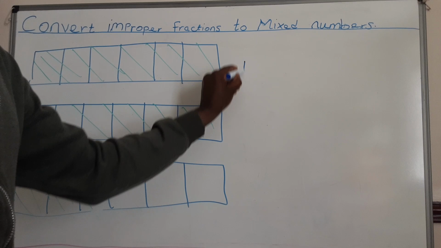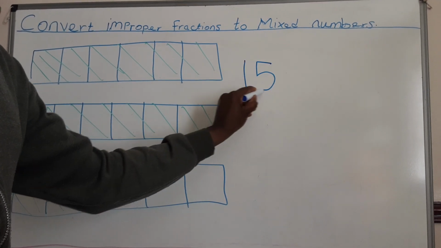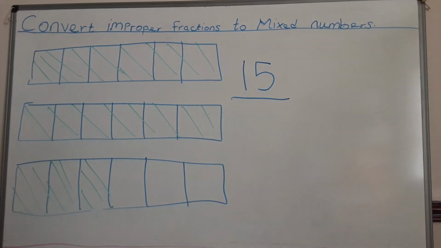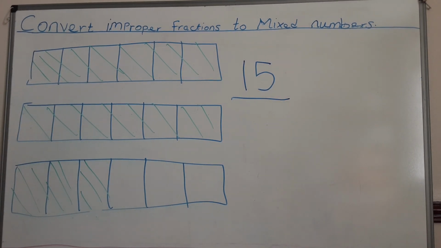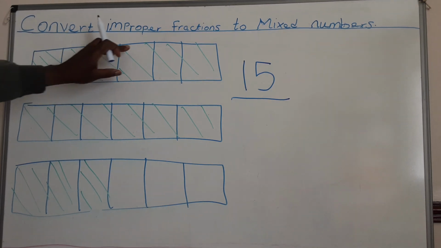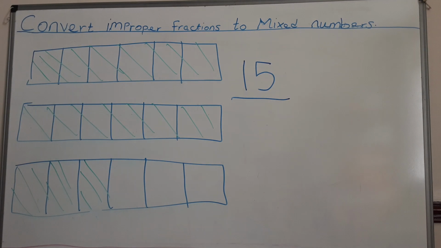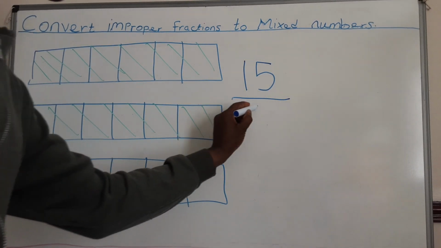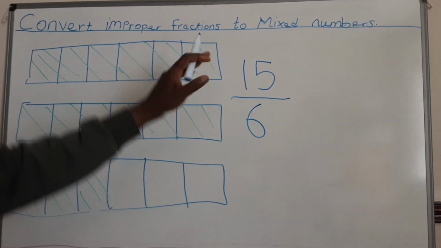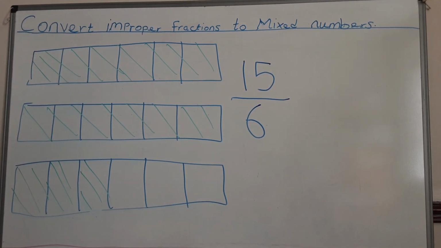So we write our 15 down. And how many parts is the bar being divided? So let's count. It's divided into 1, 2, 3, 4, 5, 6. So each bar is divided into 6. So we write our 6 down. So this is our improper fraction.